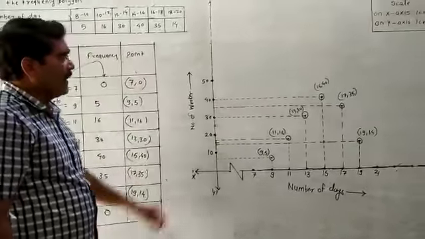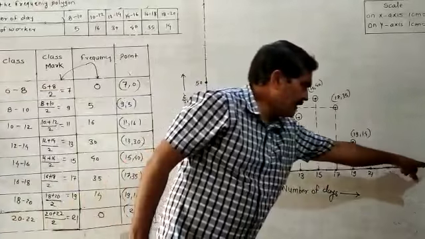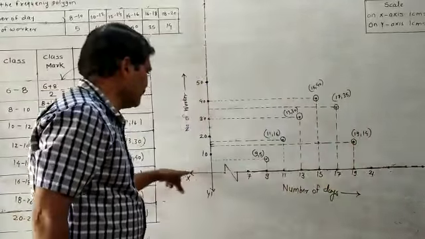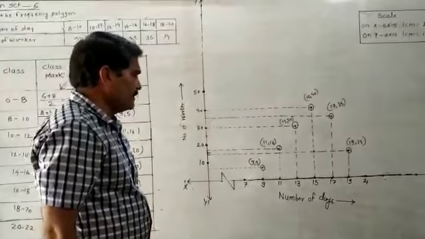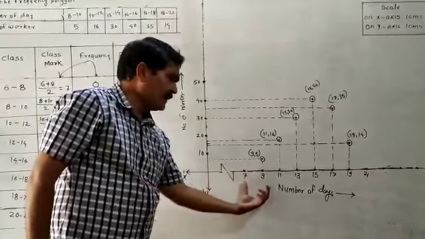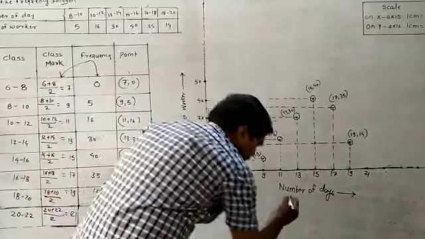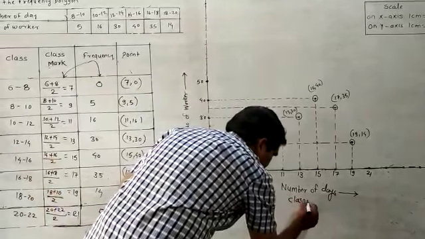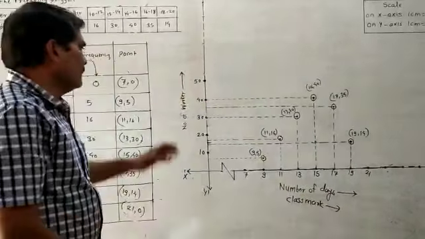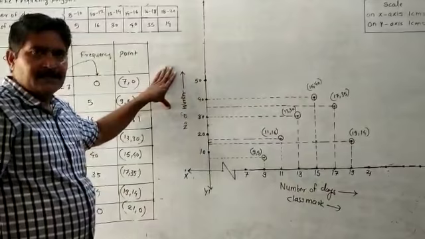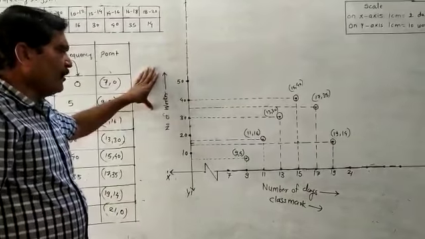For plotting the graph, this horizontal axis is the x-axis and this one is the y-axis. You have to take the scale. This class mark you have to take on the x-axis and the frequency you have to take on the y-axis. And you have to plot the graph.